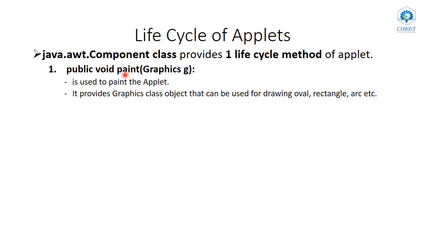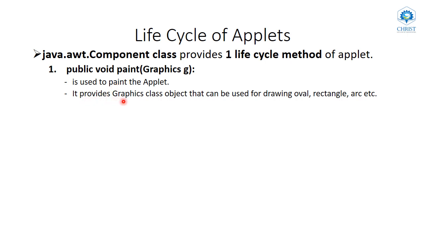This method is used for displaying the contents on the web page. It is used to paint the applet. Painting the applet means to display something on the applet, or to write or draw strings, or to draw different shapes like lines, arc, rectangle, square, etc., that we will see in the upcoming video lectures. So this is the method that we use for displaying something on the web page.